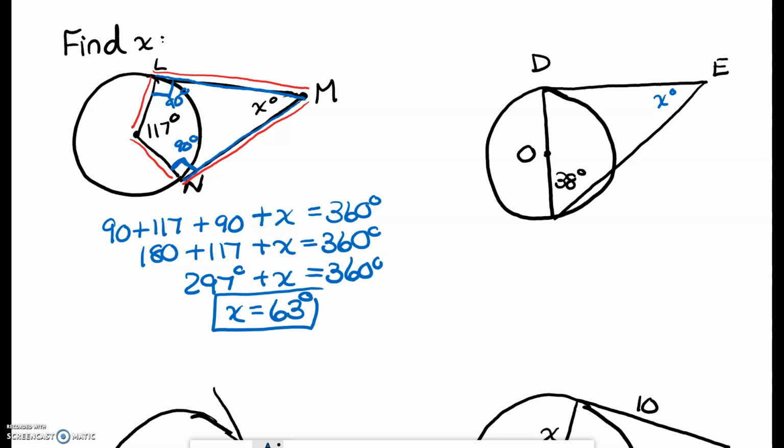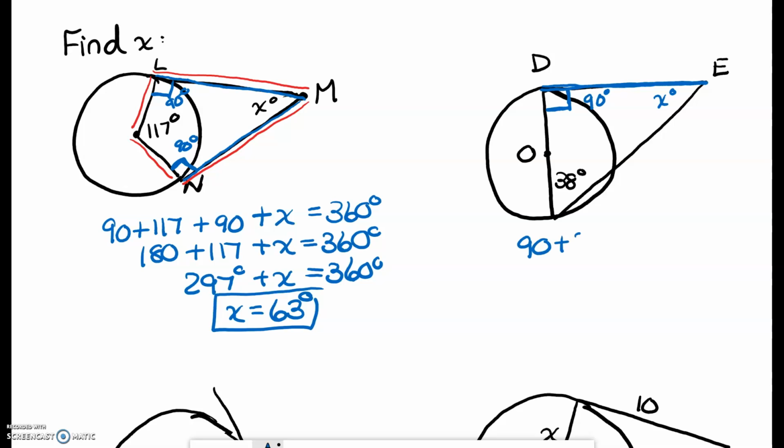Okay, so how about in this next circle here? Well, I see that DE is a tangent, so I know that it is perpendicular to the radius at the point of tangency. That just makes this a nice right triangle, and the inside angles of a triangle add up to 180.